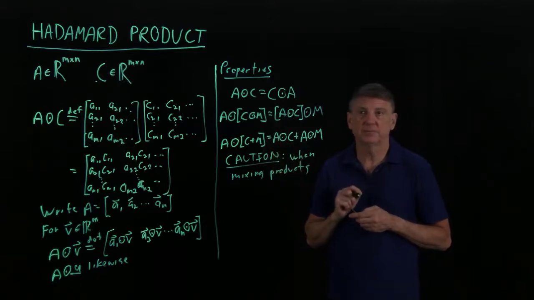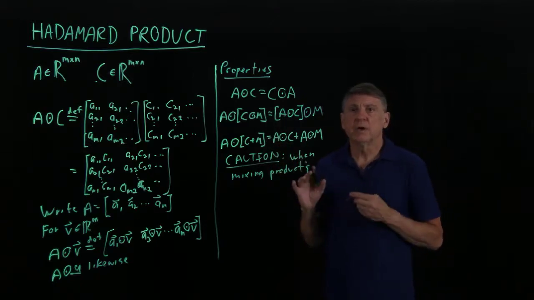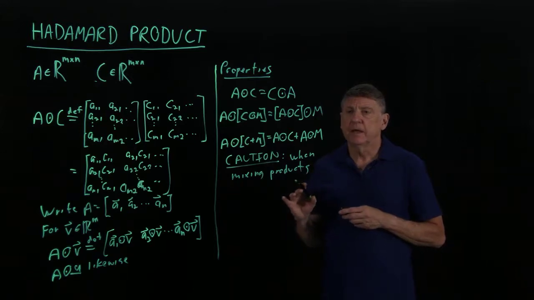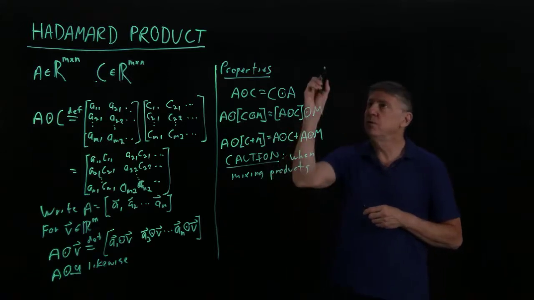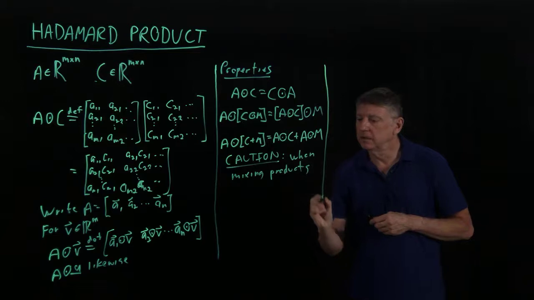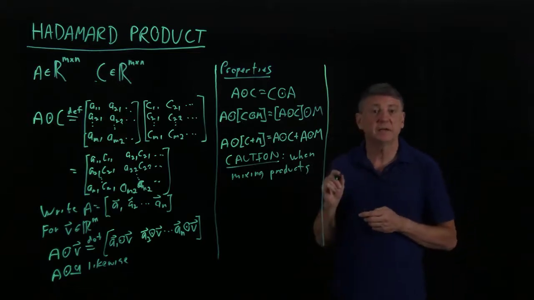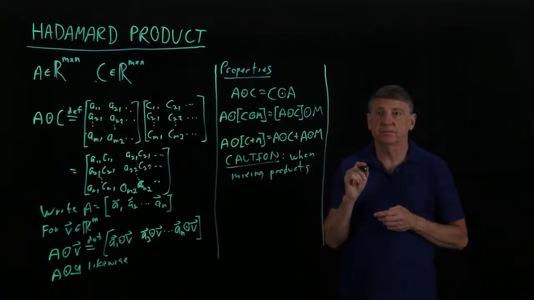So another thing that we can do is rewrite the product of a diagonal matrix and a vector.